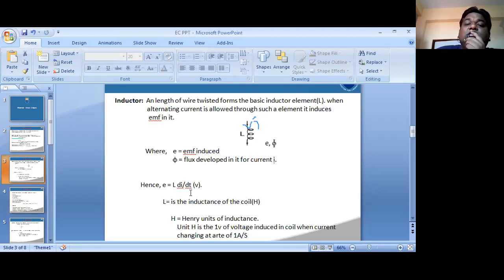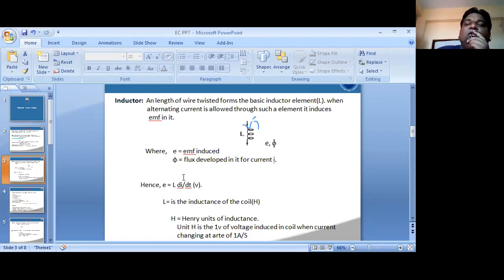Now, sudden change in the current means there is a change in current with 0 time. Then what happens to the EMF? It will become infinite, which means the inductor gets open circuited. If voltage or EMF is maximum, then that element is open circuited. So the first statement is that inductor doesn't allow sudden changes in current.